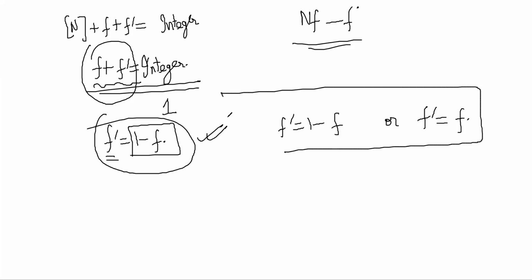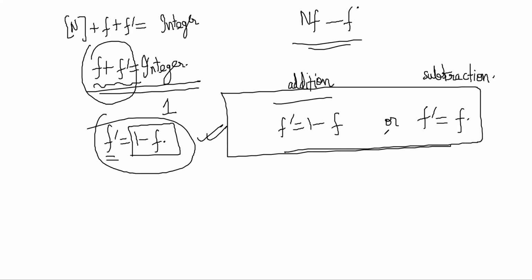It will come either by addition or by subtraction of the conjugate binomial. The logic is that it is an integer on one side, so the remaining fractional parts should add up to an integer or subtract to form an integer. This type of thing you will encounter several times, so it should be fine.